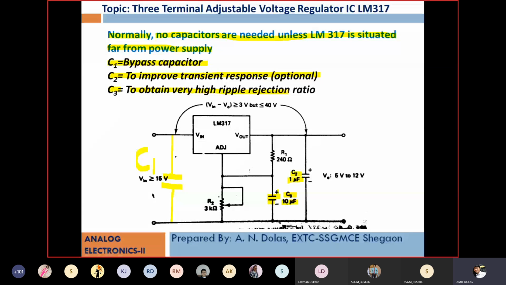This is only required whenever this IC is situated far away from the unregulated power supply, which is nothing but V in, else it is not needed. And there is no role of C1, C2 or C3 in designing the output voltage range.